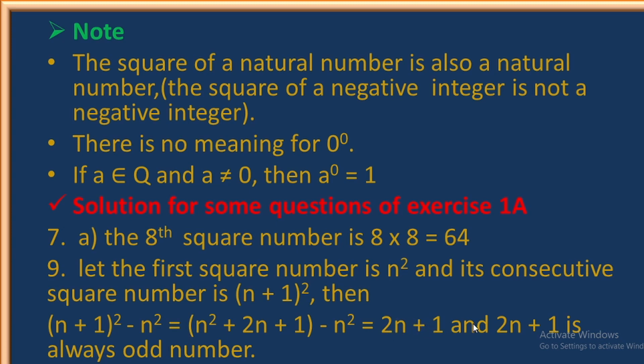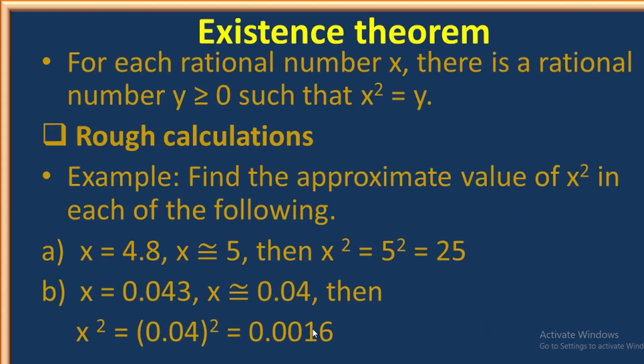And 2n plus 1 is always an odd number when n is any natural number or any integer, because 2 times n is even, and 2n plus 1 is an odd number. So finally we proved it. Okay, the next one is about the existence theorem.